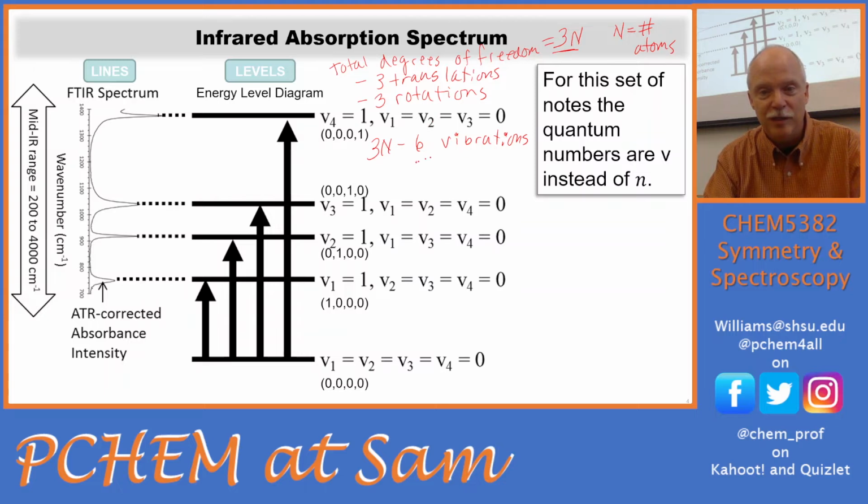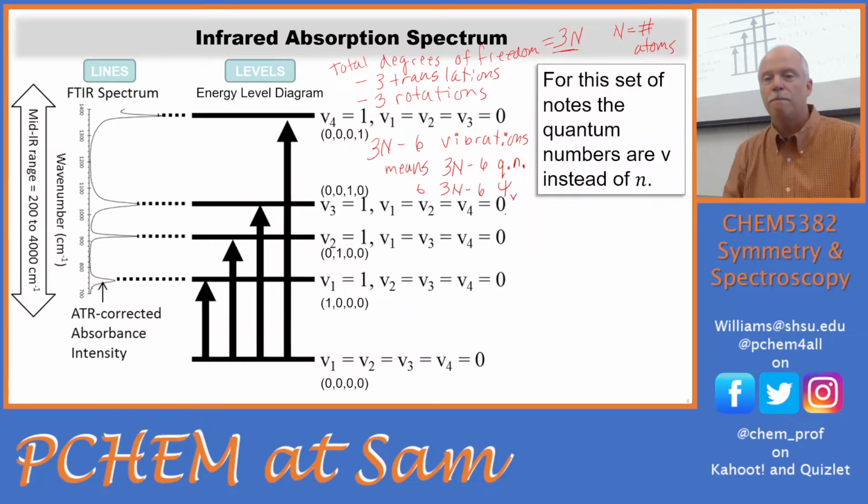3N minus 6 vibrations means 3N minus 6 quantum numbers, and 3N minus 6 wave functions. So this particular slide I have, notice I've got these 4 zeros.